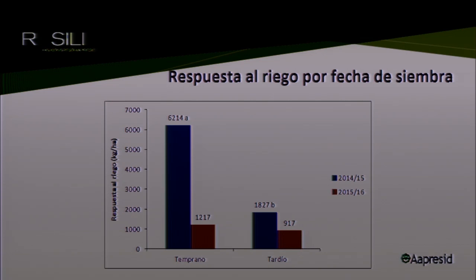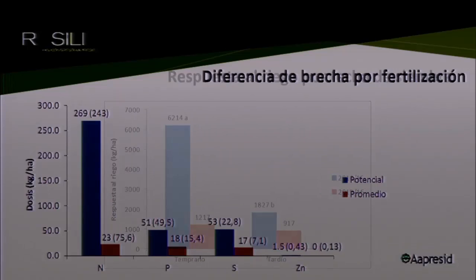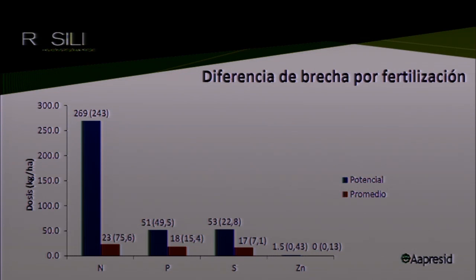However, the response to irrigation in early planting was higher. This shows us that real and potential yield is being limited by the water supply.